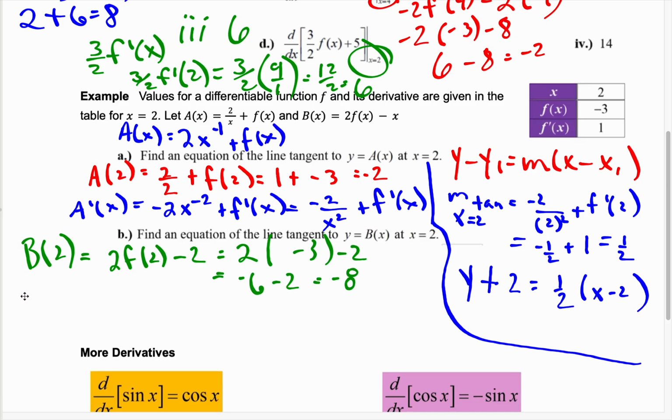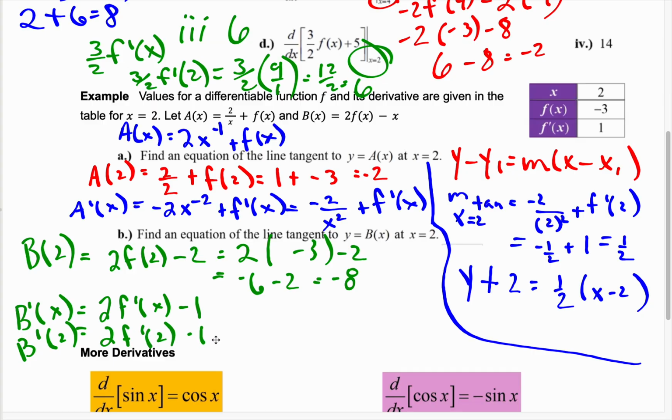All right, and now we're going to find the derivative using this information up here. f prime of 2 is 1.